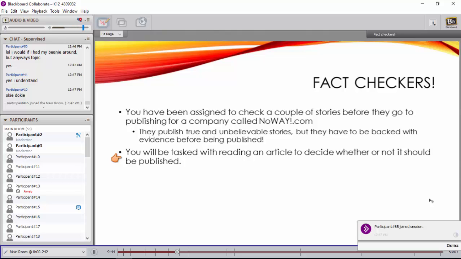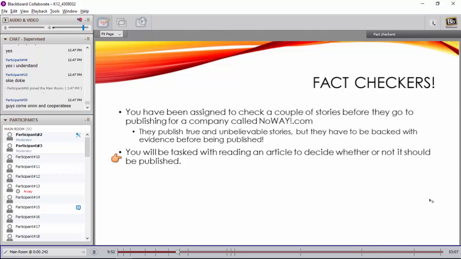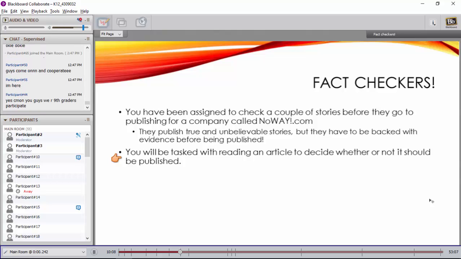Do you understand your task here before I move on to more information? Yes, thank you, Tyler. Yes, so I'm looking for Brianna, Callie, Faith. Why do you guys log in and then go away? That kills me. There's like 4 people that are away right now. Might as well just watch the recording in this case. Okay, looks like we got a majority, so we are going to jump on forward.